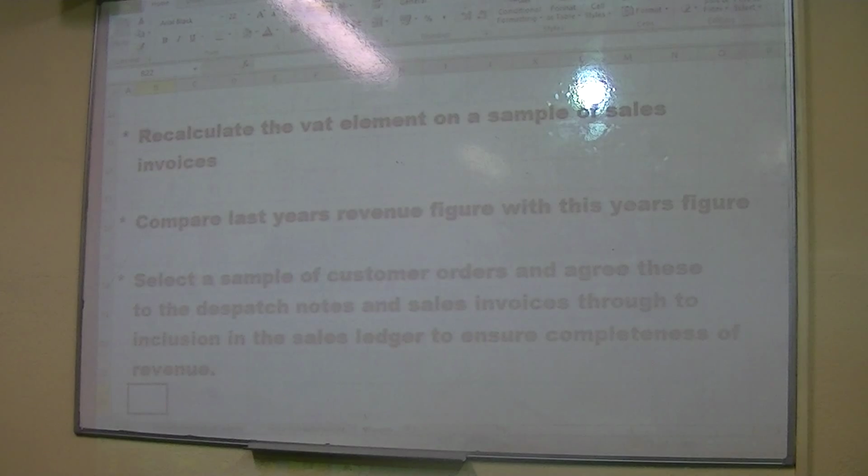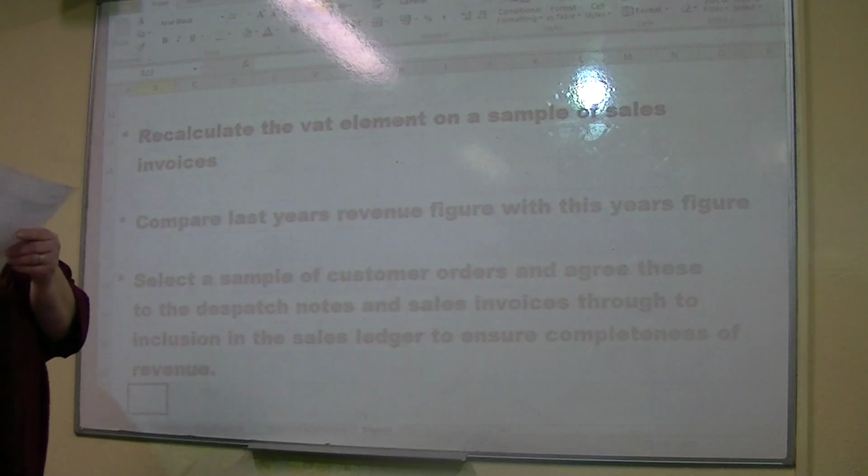So verify against post-year-end receipts and any other evidence of existence. Inquire into all significant credit balances. Examine after-date sales credit notes. Reanalyze amounts due from parent, subsidiaries and associated undertakings. If you go to number 3, review the age listings and identify any amounts due in excess of normal credit terms.